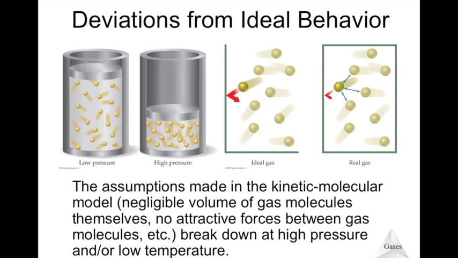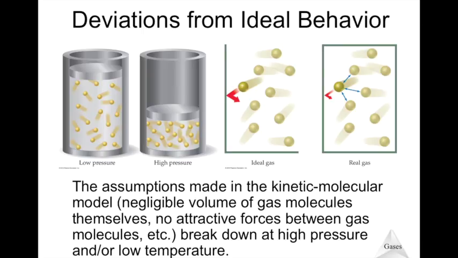So why is that? Well, basically because when you're at higher pressures or lower temperatures, the assumptions of our KMT model start to break down. Right? We said there's a negligible volume of gas molecules and there's no attractive forces, but that doesn't really work as well. They're a lot closer, and the intermolecular forces that we said were negligible are now no longer negligible, so they're going to start to affect things.